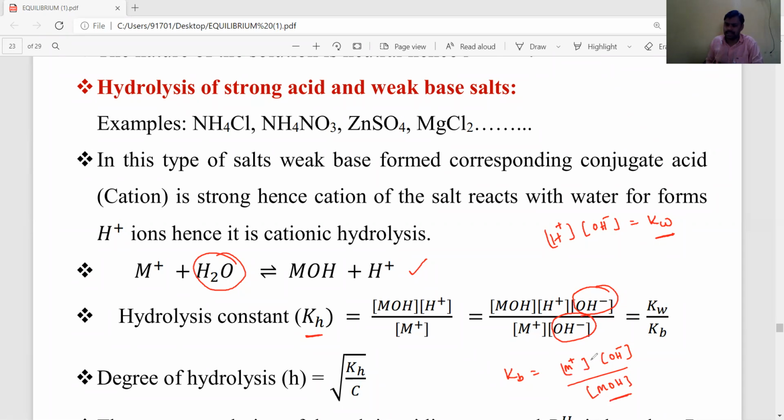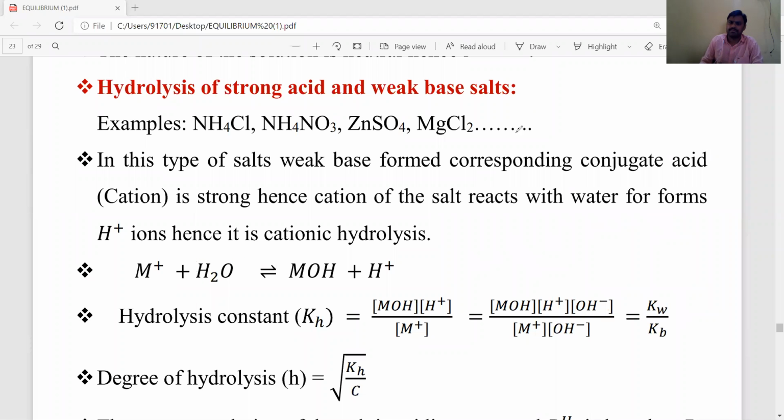Now the reverse applies, so MOH divided by M+ times OH- is nothing but 1 by Kb. So the hydrolysis constant formula for strong acid and weak base salts is Kh equals Kw by Kb. You have to remember that, the formulas are very, very important.